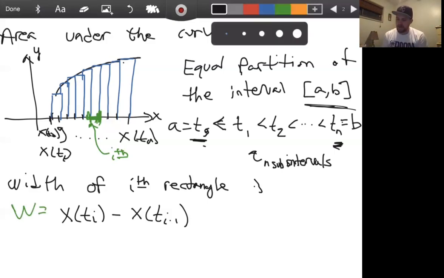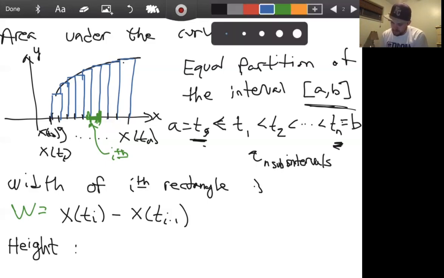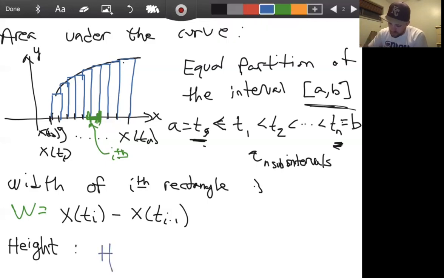And we also need the height. What about the height? The height of the ith rectangle, maybe I'll call it h in blue, since it's already in blue, right? So we have along the ith rectangle, we need this height.